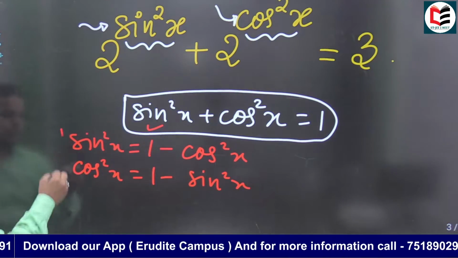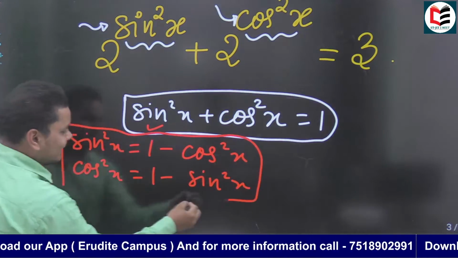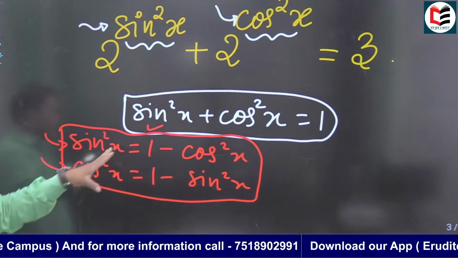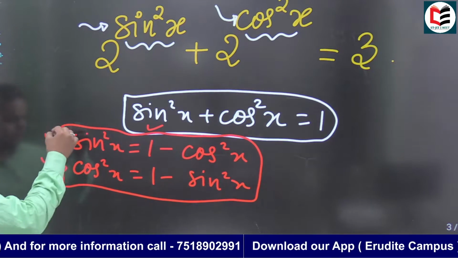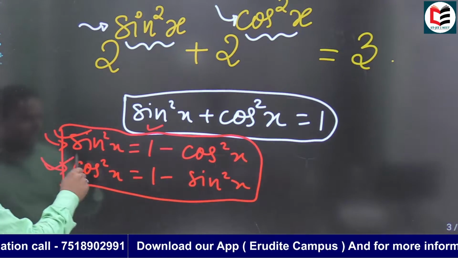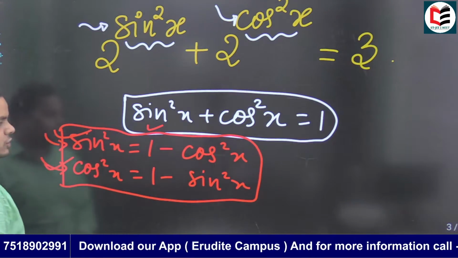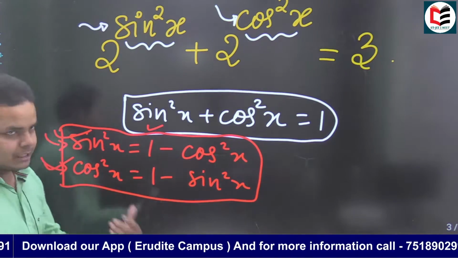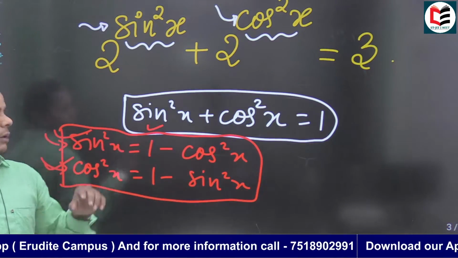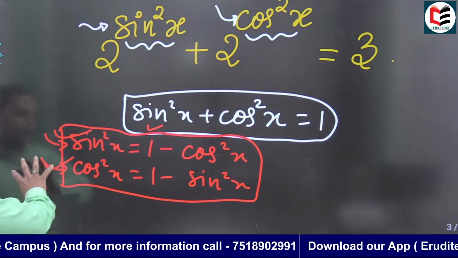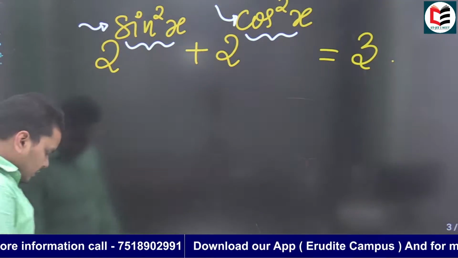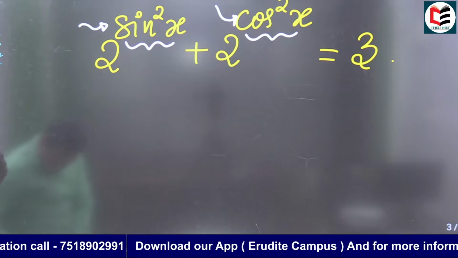You can proceed by either of these changing rules. I will proceed by sin square x equals 1 minus cos square x, meaning I am going to change sin square x in terms of 1 minus cos square x. Now let's change, then see what comes.